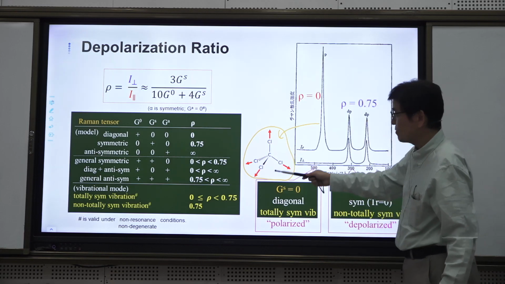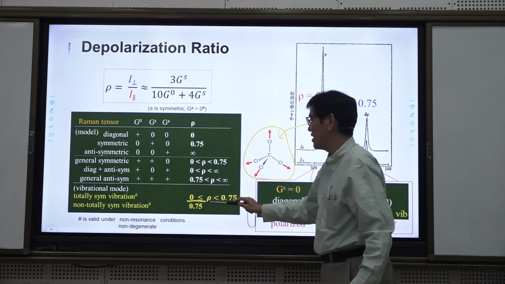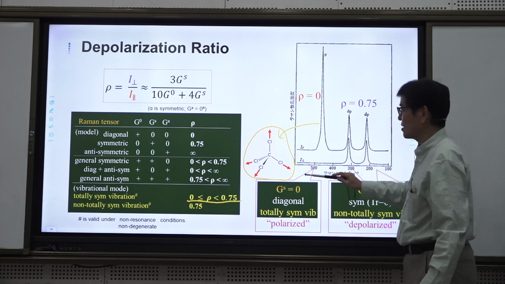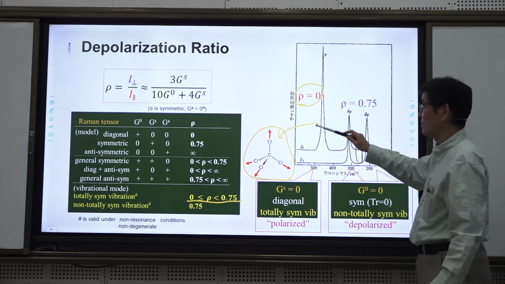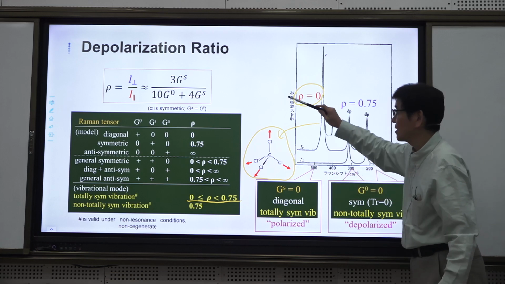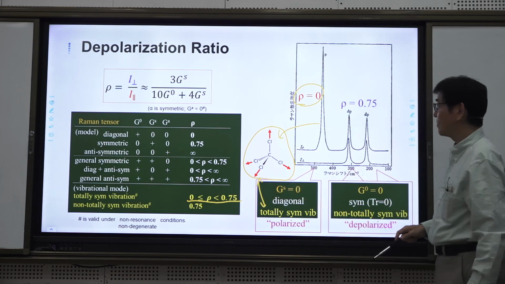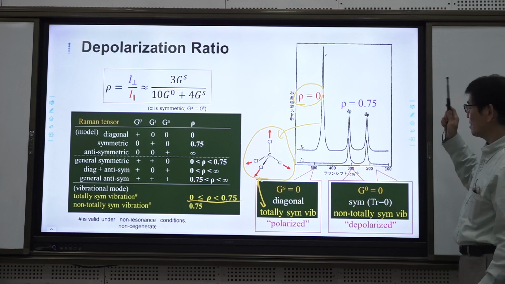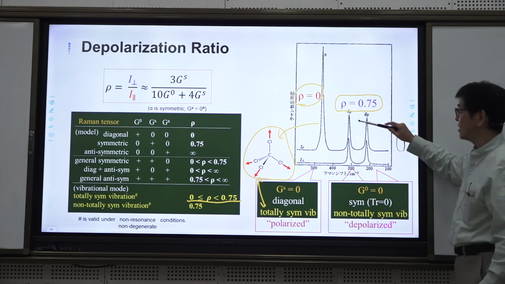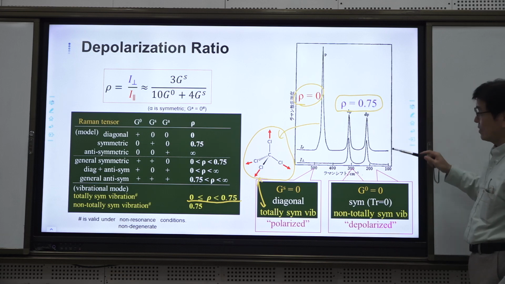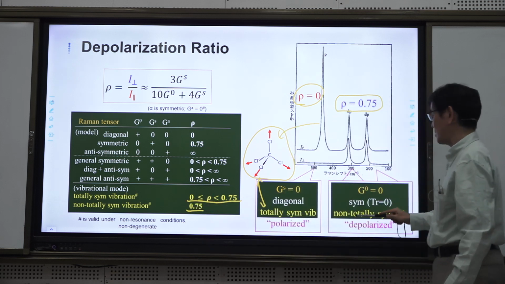So we expect the polarization should be in this range. And in the observation, it was 0. So it's consistent with the idea that this mode is assignable to this vibration, and this is a totally symmetric vibration. On the other hand, in these modes, the polarization is calculated to be 0.75, and it clearly indicates they are non-totally symmetric vibrations.